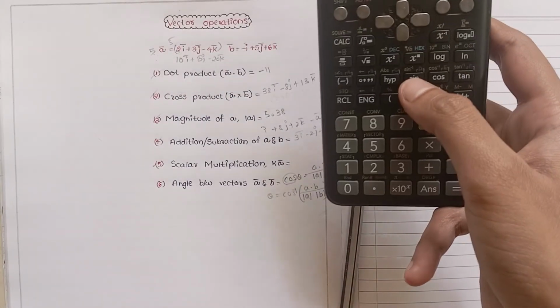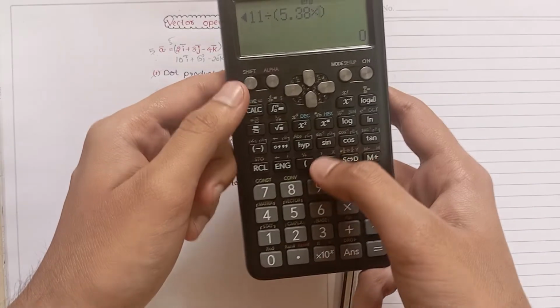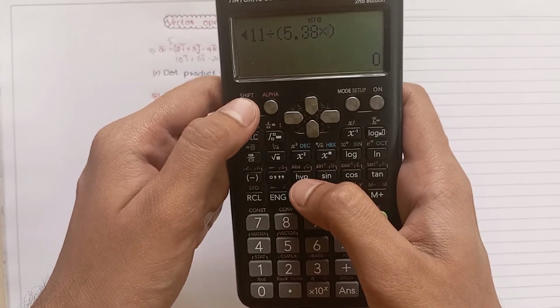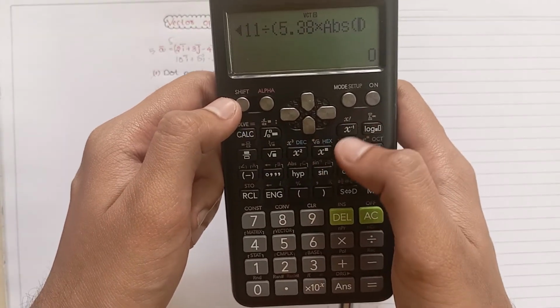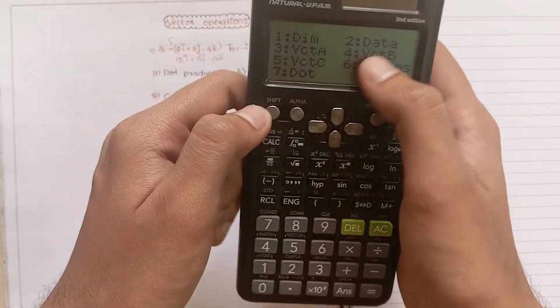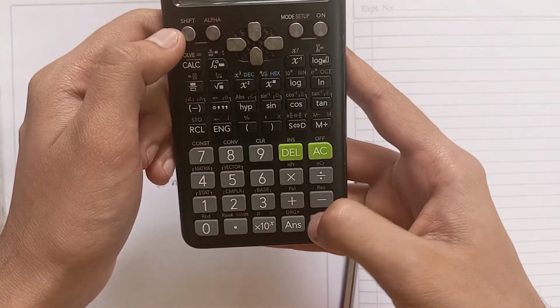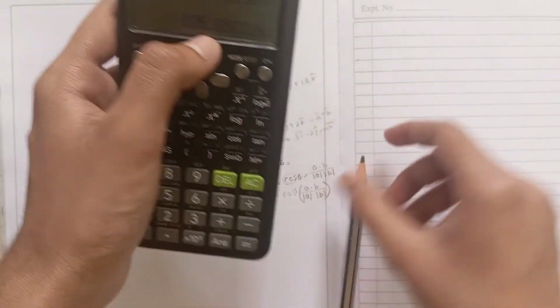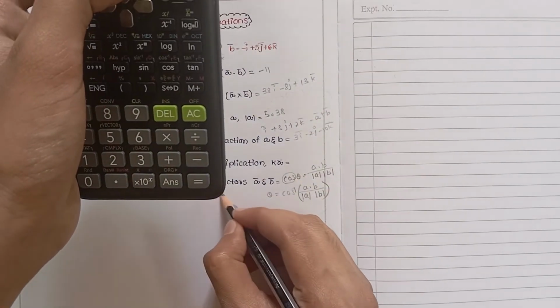We didn't calculate the magnitude of b, so we will calculate it now. Press shift plus hypotenuse, then shift 5, select vector b. Now we will get the angle, which is nothing but 105 degrees.